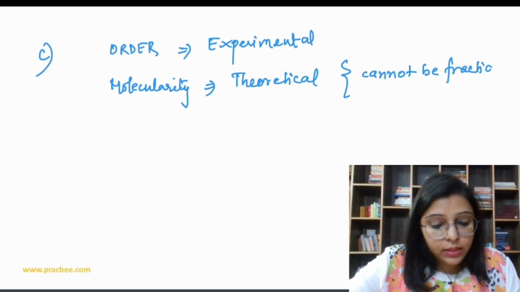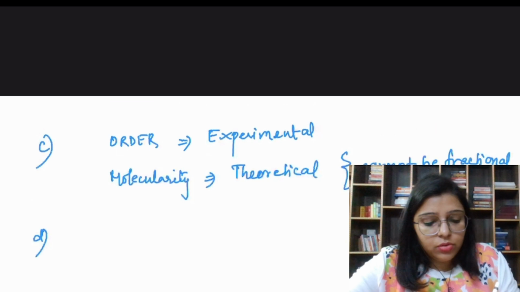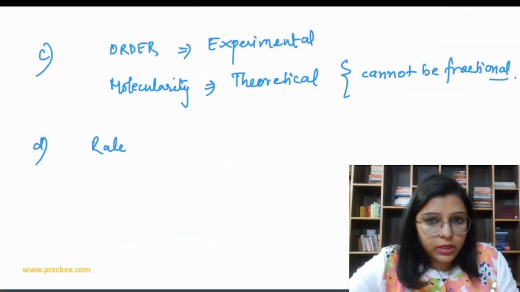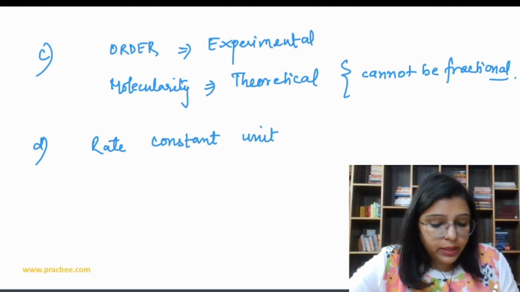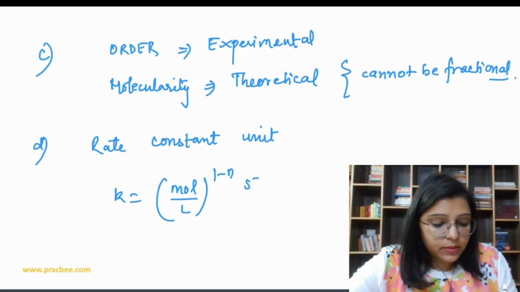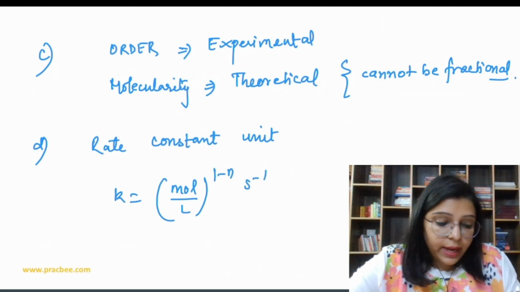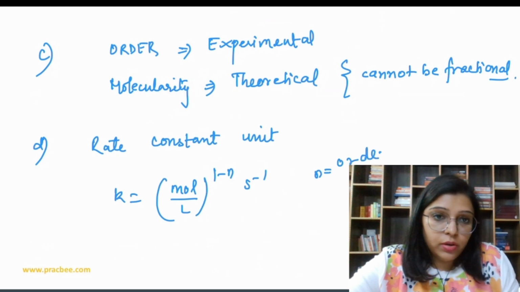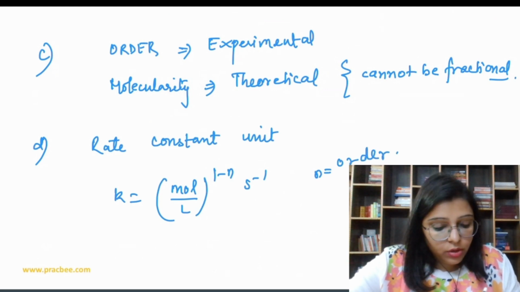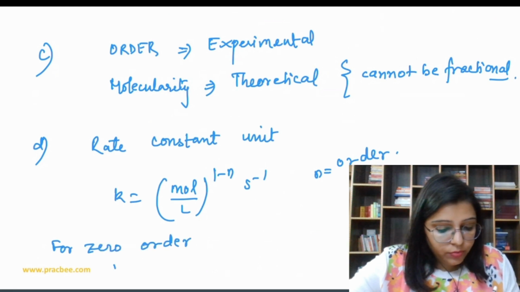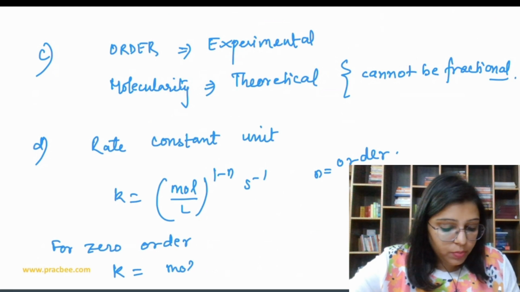Statement D: the rate constant units of zero and second order reactions are these. Okay, fine. So how to solve the rate constant unit? The rate constant unit is (mole per liter) to the power 1 minus n, times second inverse, where n is the order. So for zero order, the unit of K is mole per liter second inverse.